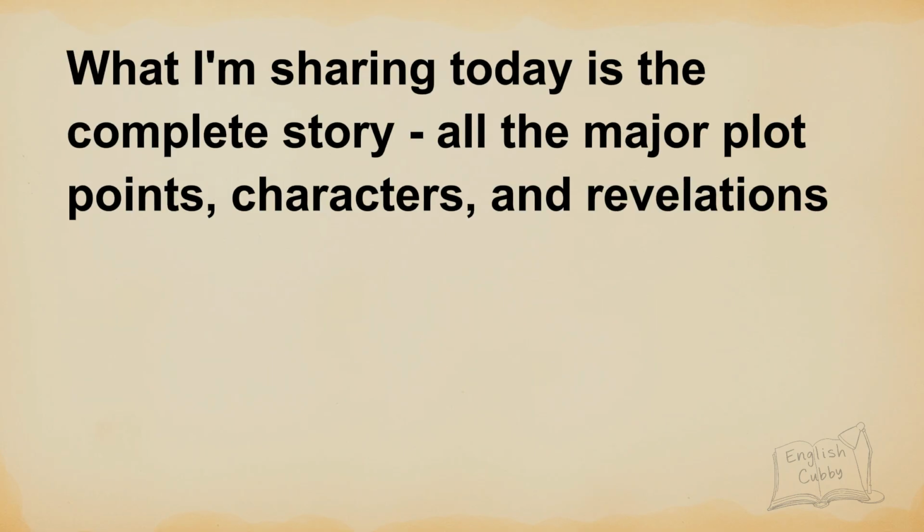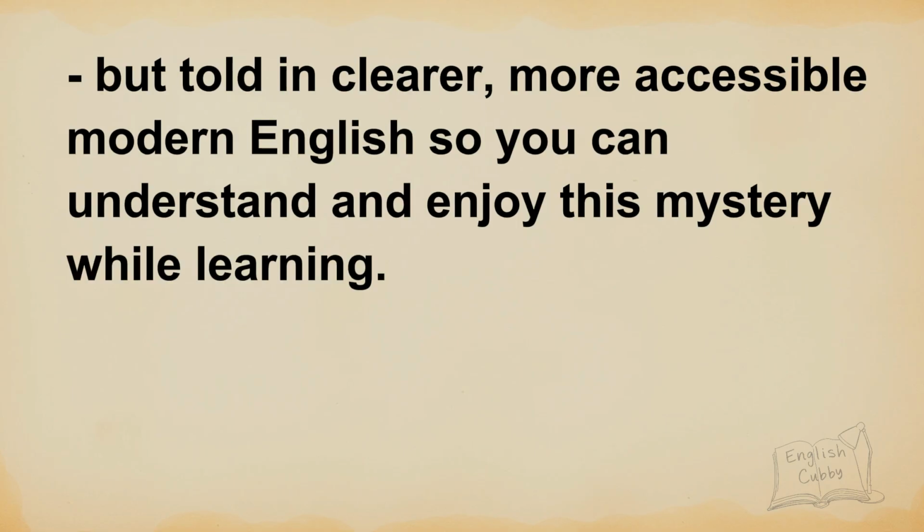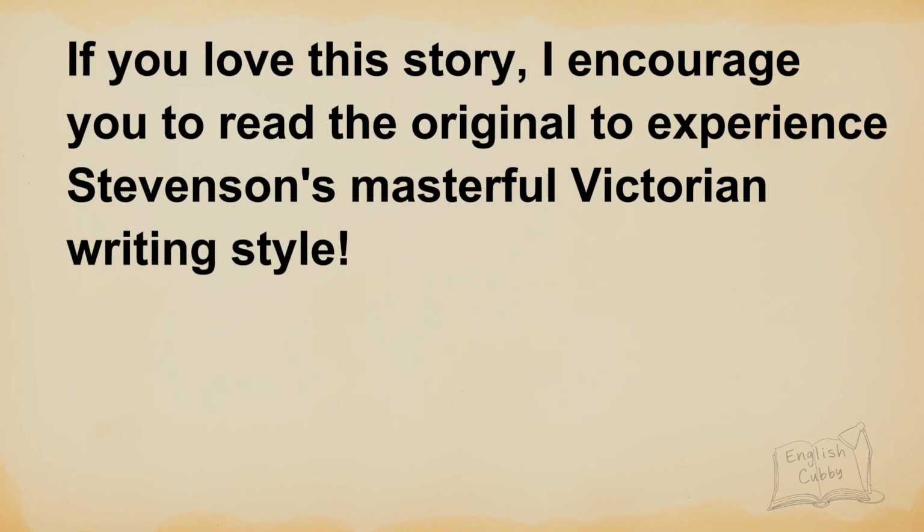What I'm sharing today is the complete story, all the major plot points, characters, and revelations, but told in clearer, more accessible modern English so you can understand and enjoy this mystery while learning. If you love this story, I encourage you to read the original to experience Stevenson's masterful Victorian writing style.